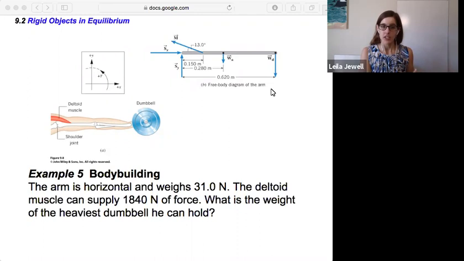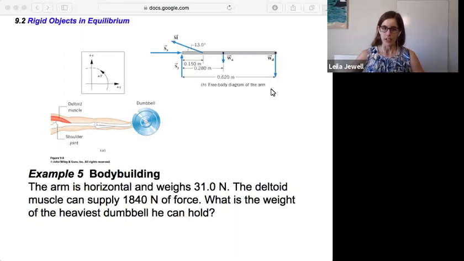And then the shoulder also can provide support up. So for all the things going down, it provides an upward force. Notice in this problem, we don't know anything about the force that the shoulder is exerting. That's one that's harder to figure out because it's a joint, so it's bone on bone, which is why it's a pushing force here.